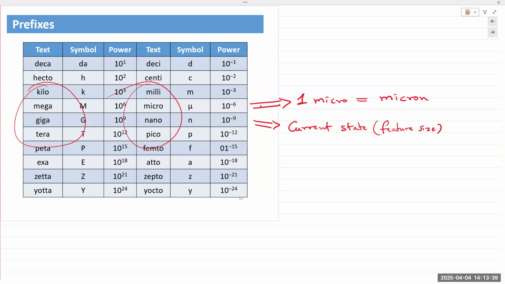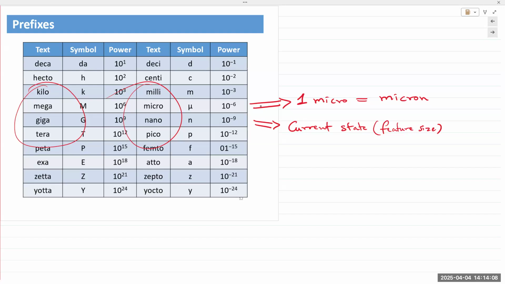So we are talking about feature sizes on the order of nanometers, and that's 10 raised to minus 9. And then, of course, you would have used capacitors sometimes. You would have come across picofarads, femtofarads, parasitic capacitances, which are very, very small in value. Okay, so that's basically the right-hand side of the table.